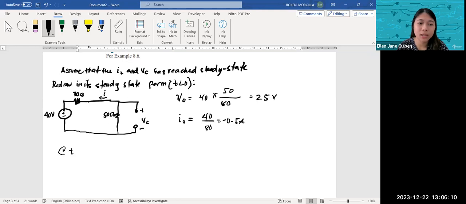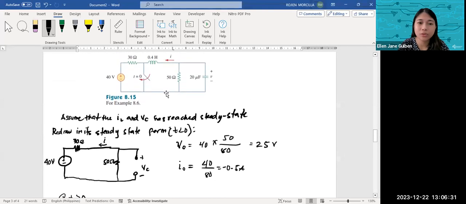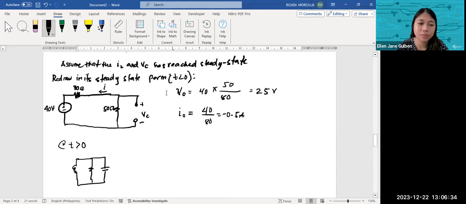At T greater than 0, our supply will be cut off and we're left with a parallel RLC circuit. 0.4, 20 microfarad.